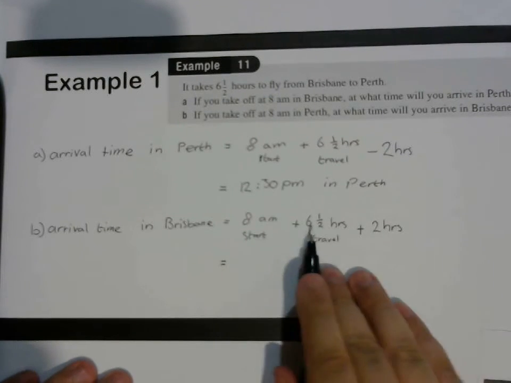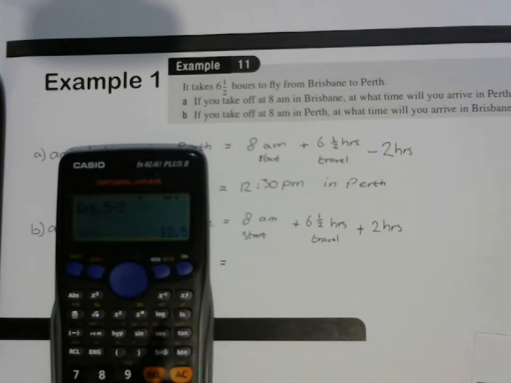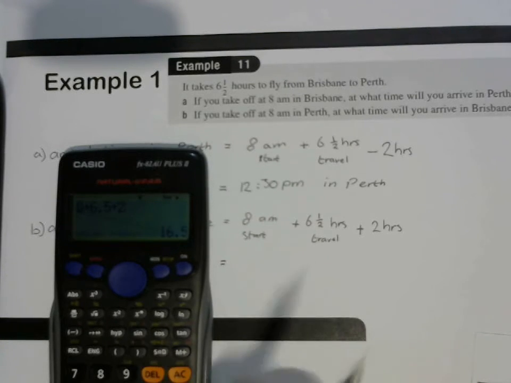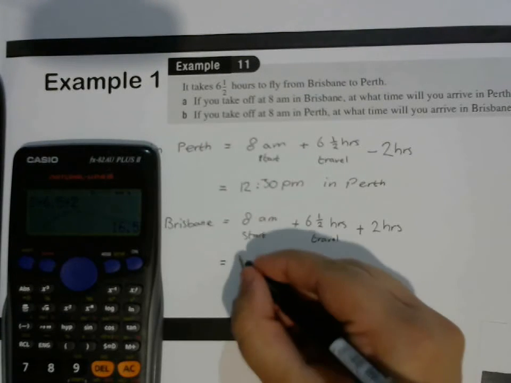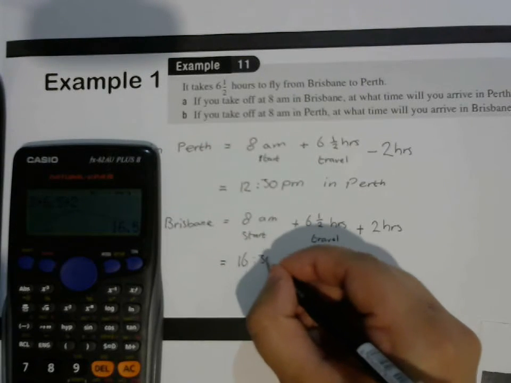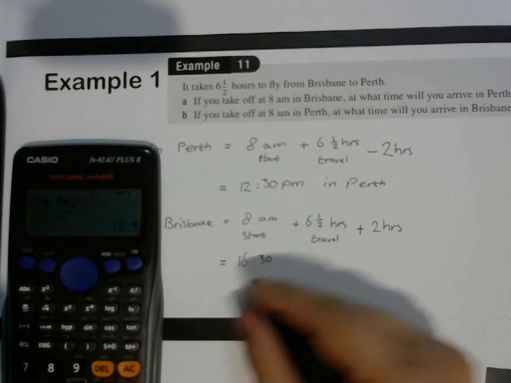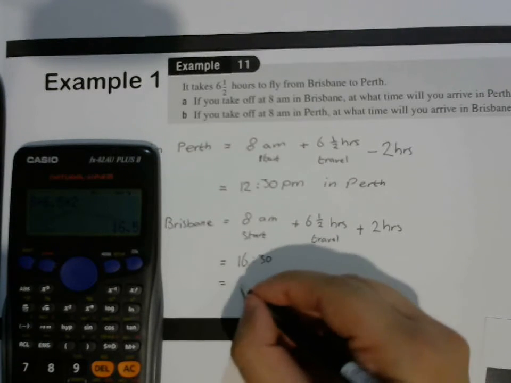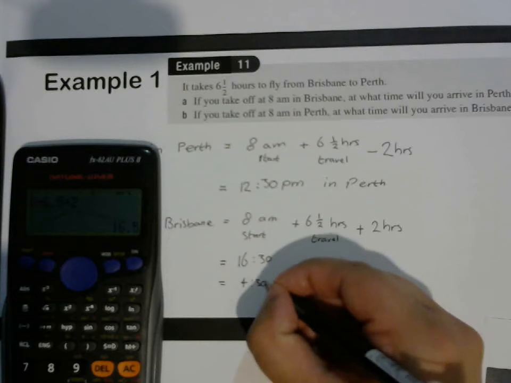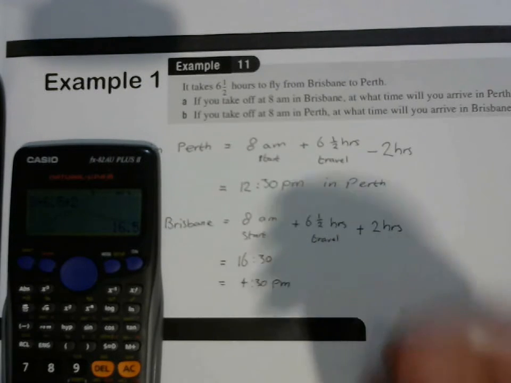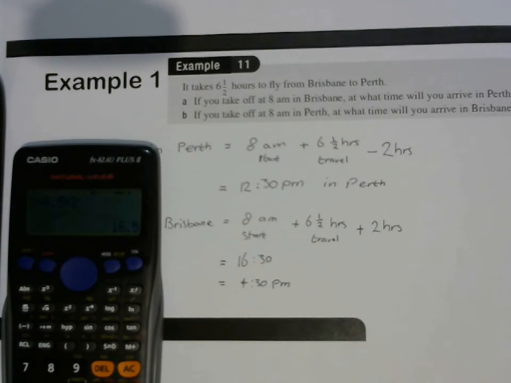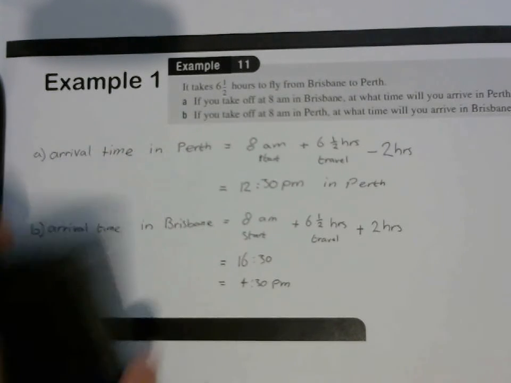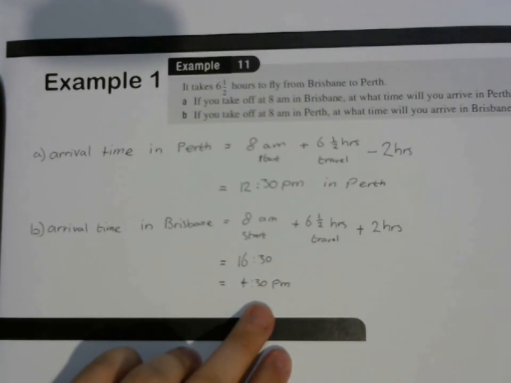Now 8 plus 6.5 plus 2, I'll grab my calculator, 8 plus 6.5 plus 2, that is 16:30 in Army time, which is equal to 4:30 PM in our standard time. So we would be arriving at 4:30 PM in Brisbane.